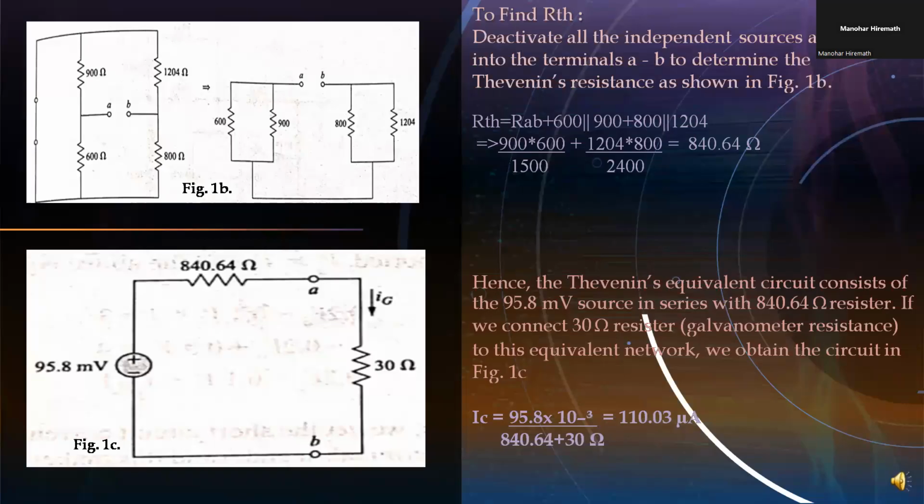So we get 900 into 600 by 1500 plus 1204 into 800 by 2004. The answer is 840.64 ohm.